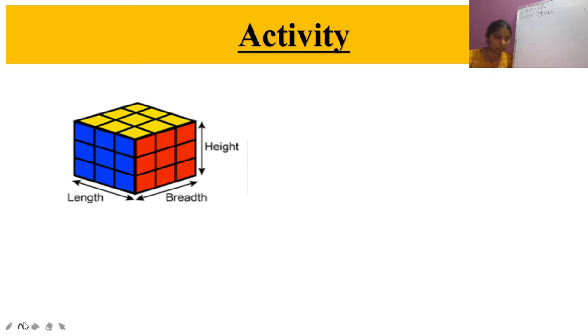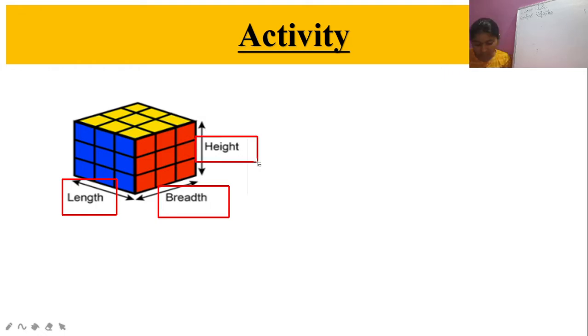So students, do you consider these three measurements, which are length, breadth and height, and this Rubik's cube, as two-dimensional shapes or three-dimensional shapes? Does it have 3 dimensions or 2 dimensions? Write it down. It is called 2D or 3D.